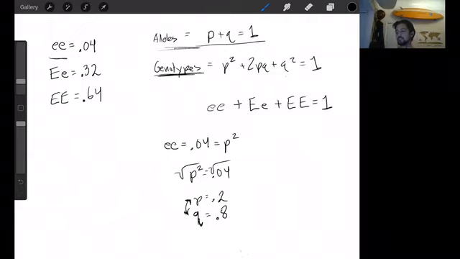So out of 100 individuals, how many are homozygous dominant? 64. Exactly. And then how many carry the recessive allele but don't look like the homozygous recessive? 32 carry it but still have 2 eyes, and only 4 have the 3 eyes and carry it. Exactly.